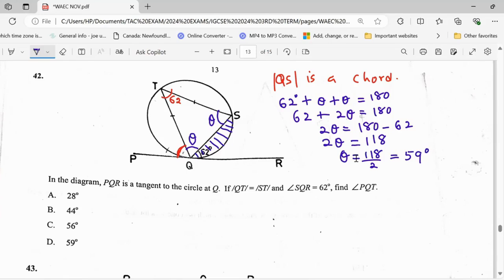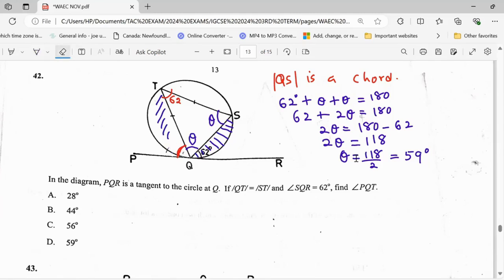Now, if theta is 59, look at this angle too. This angle theta, this particular angle TSQ, is in the major segment. This is another minor segment here. So this theta is also the same here.